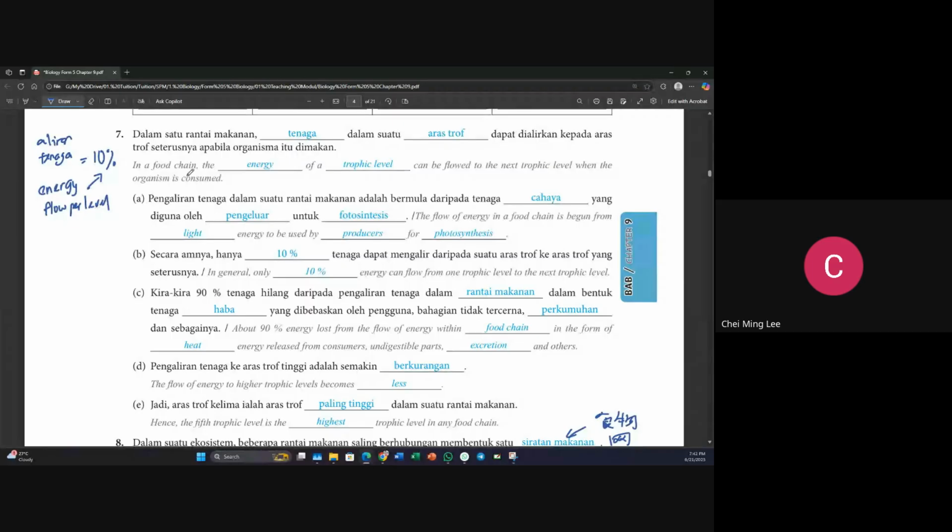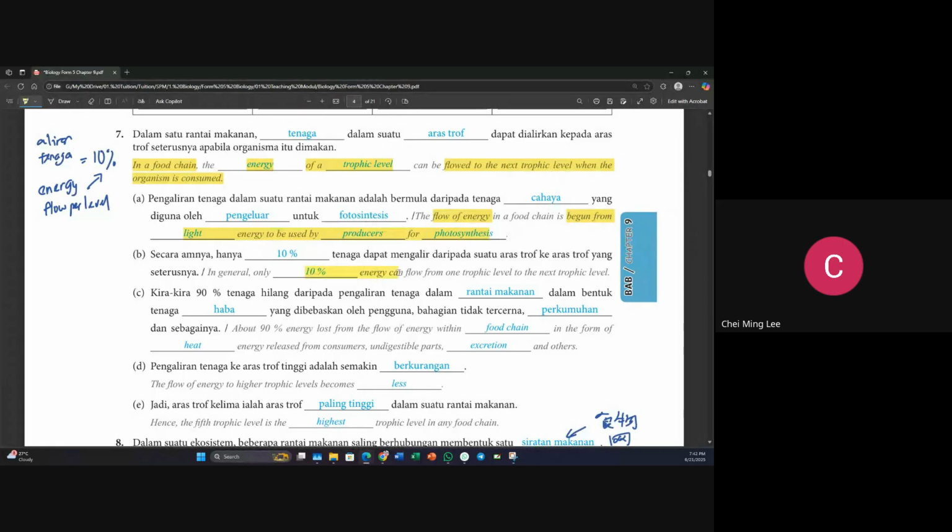Now in a food chain, the energy of a trophic level flows to the next trophic level when the organism is consumed. The flow of energy starts from the light energy used by the producer for photosynthesis.